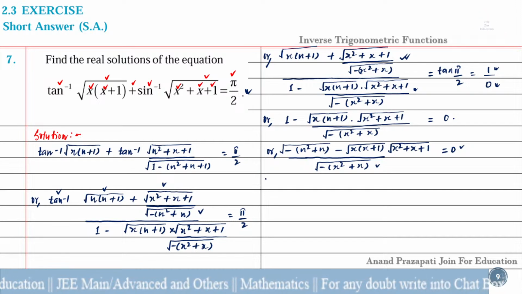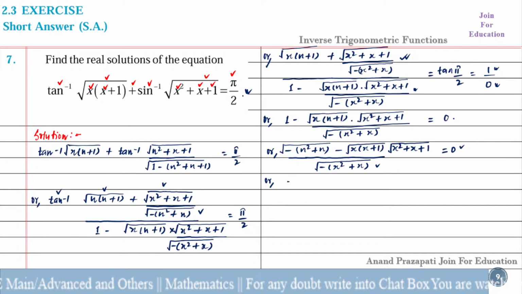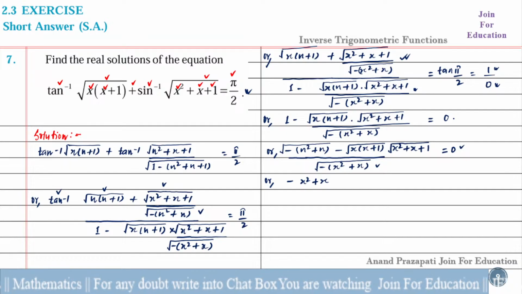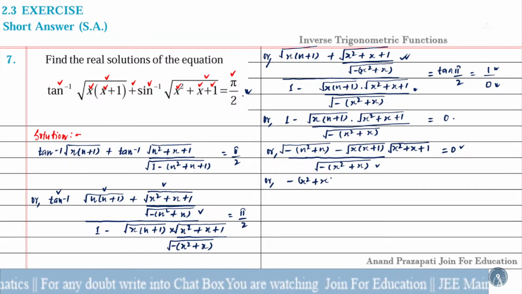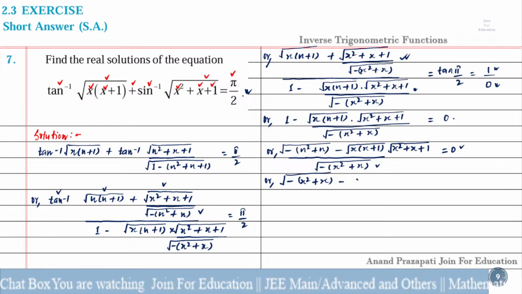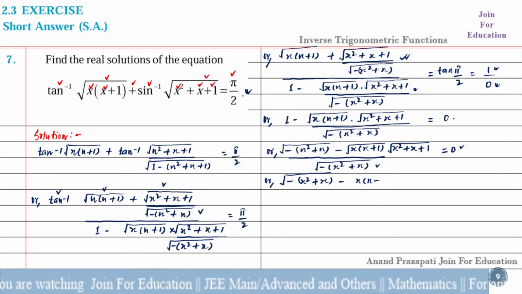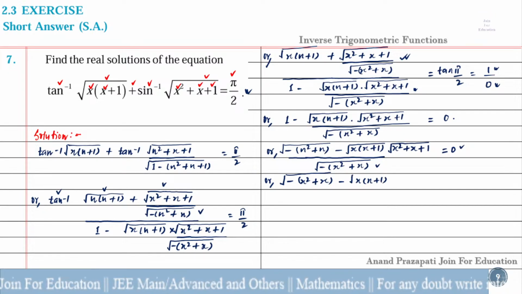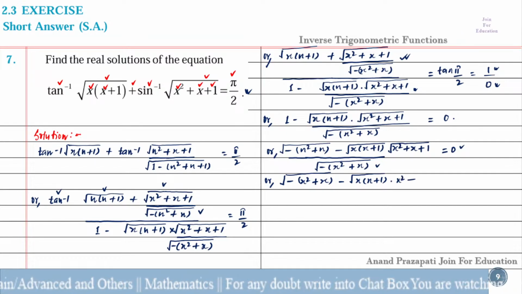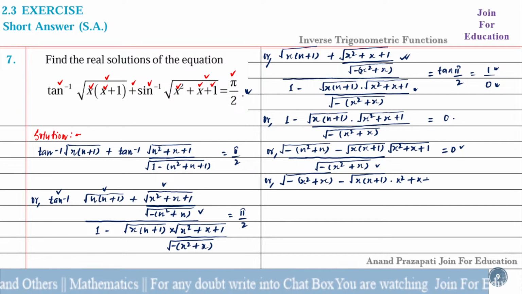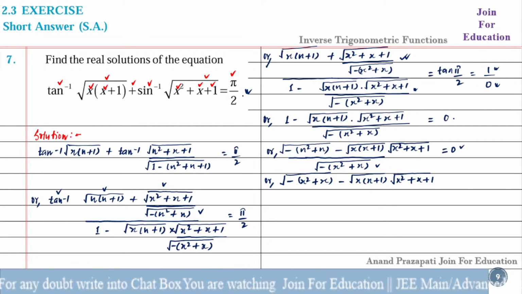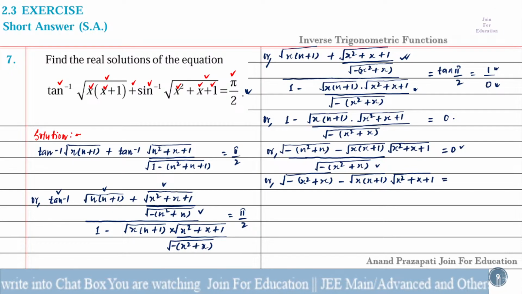So next step here will be minus (x square plus x) over root minus x into (x plus 1) over root into (x square plus x plus 1) over root equal to we write down here 0.